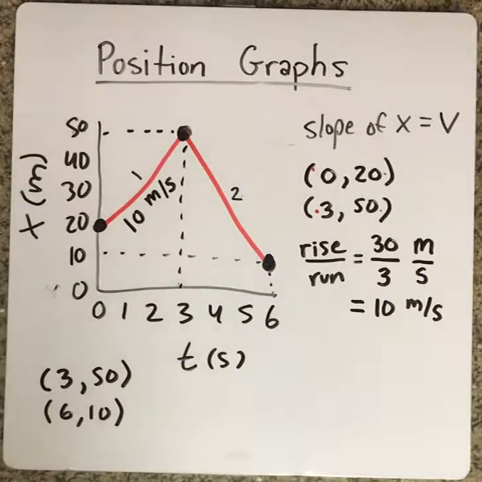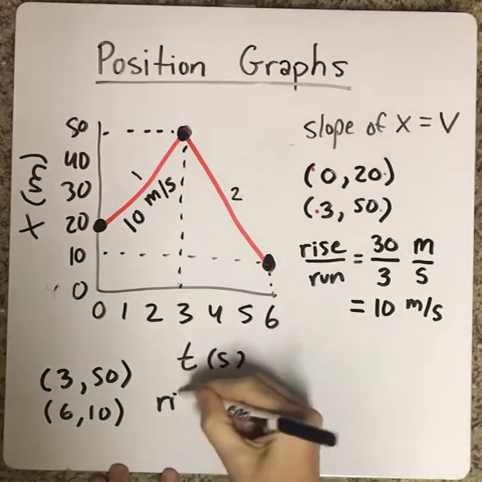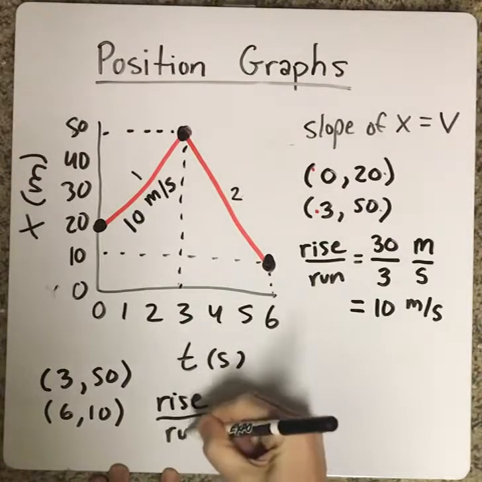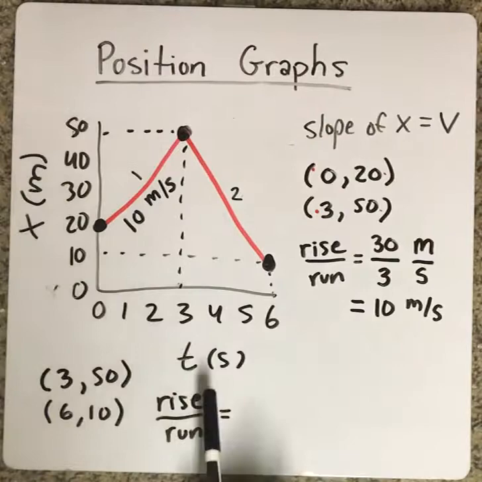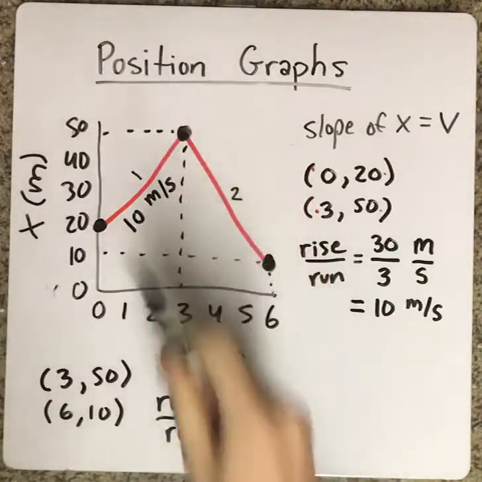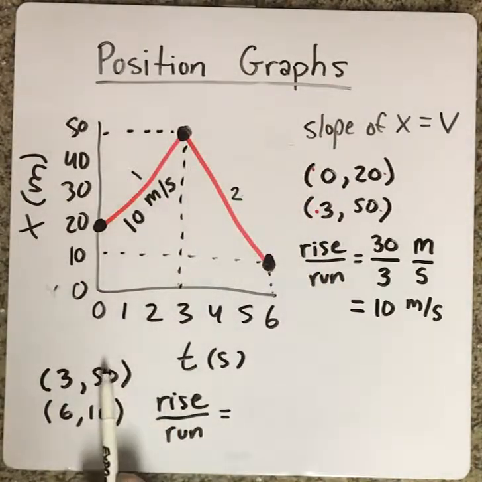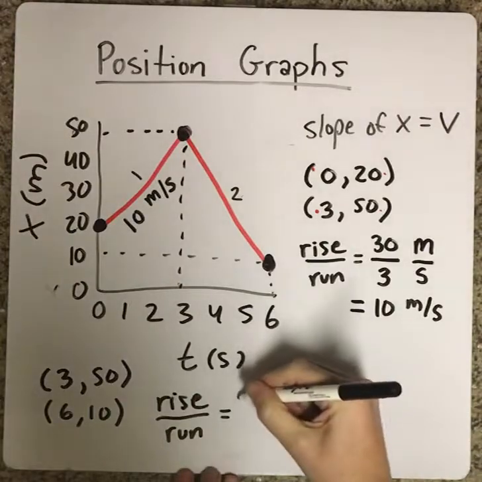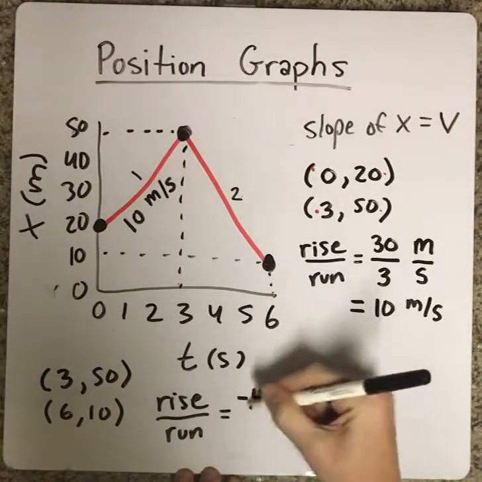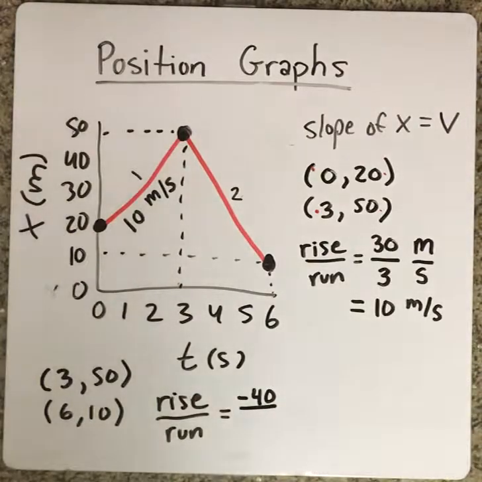So once again, I'm going to do rise over run. The rise is the y-axis. So we went from 50 to 10. That was a decrease of 40. We show that it was a decrease by putting a negative. So I went down 40.